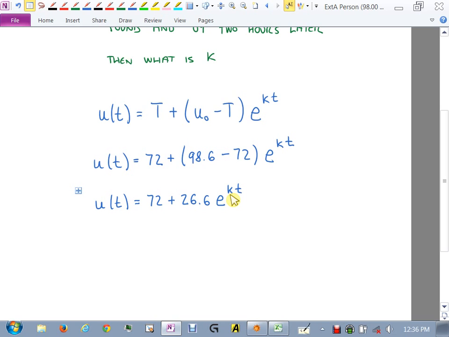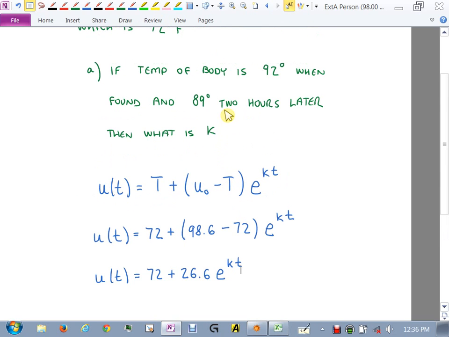So let's talk about what we know. When we found the body, it was 92, and then 2 hours later, it's 89. Okay. How can we use that to find k? You have to be real careful here.